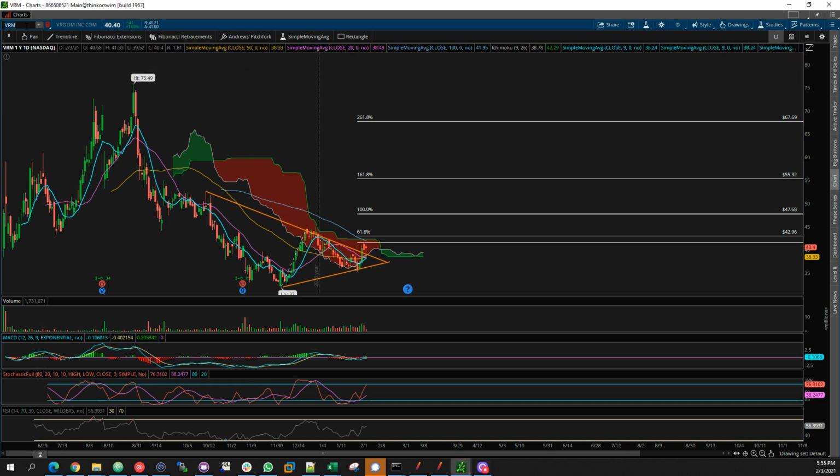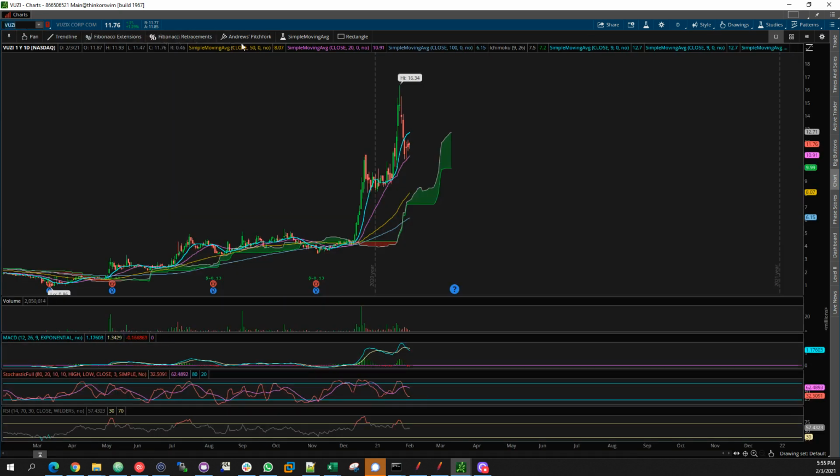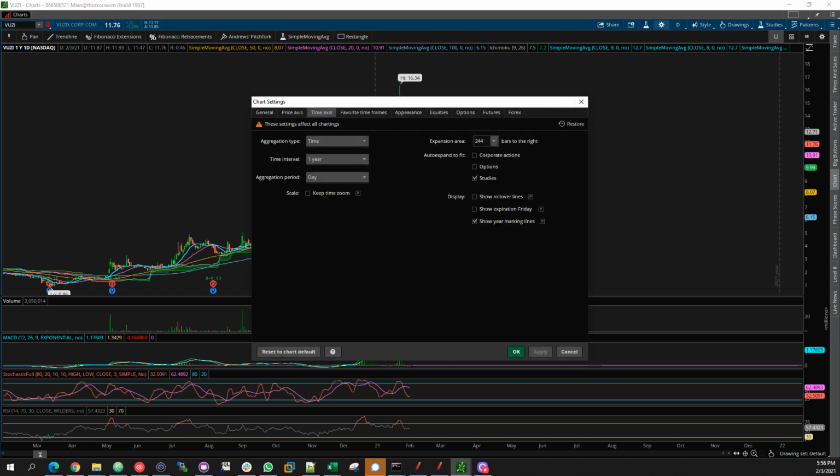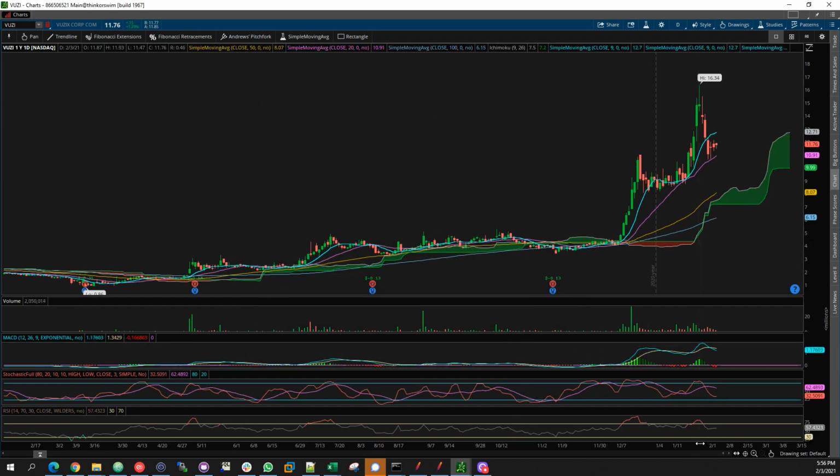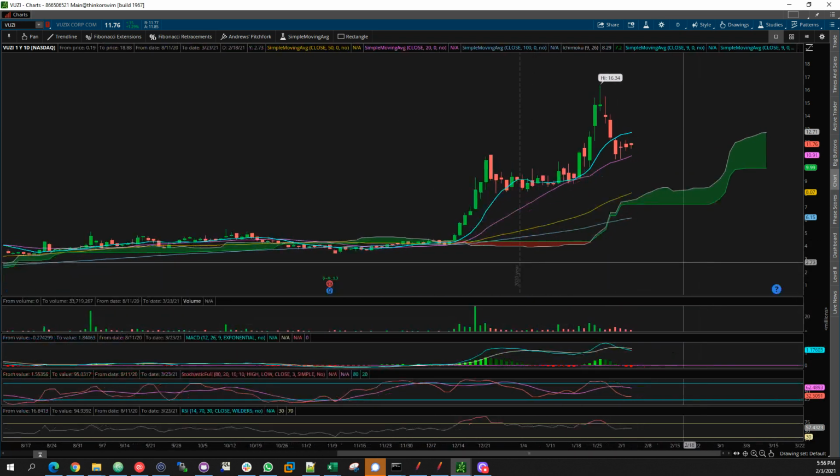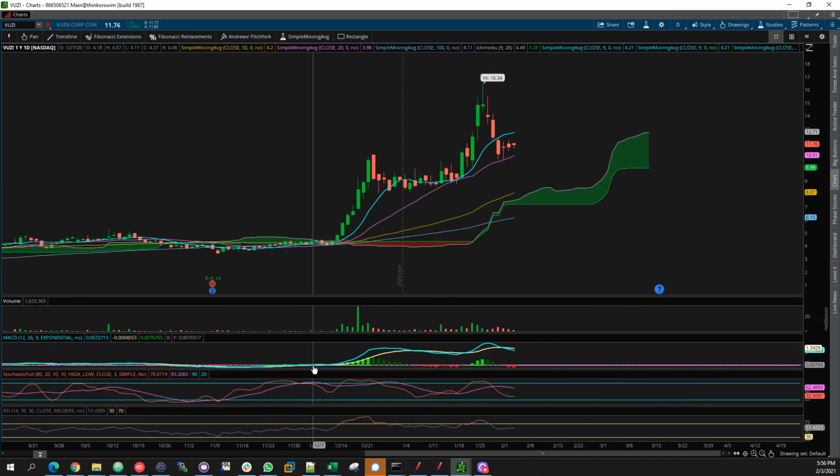Next up, VUZI. I have no clue what this company is. It had a very nice breakout, came back, rested on the 20-day moving average. Let's fix this chart a little. And then the MACD, again, I like to buy when the MACD comes out, okay?